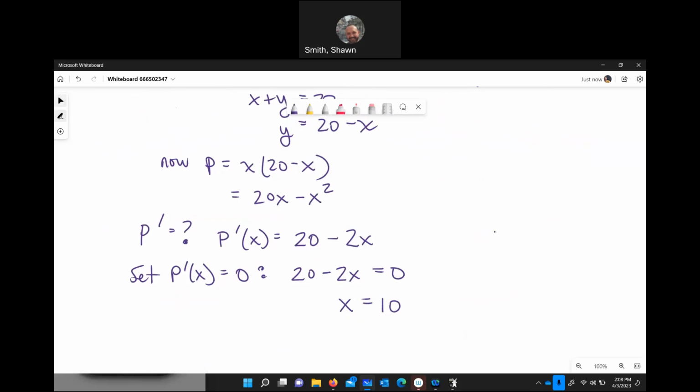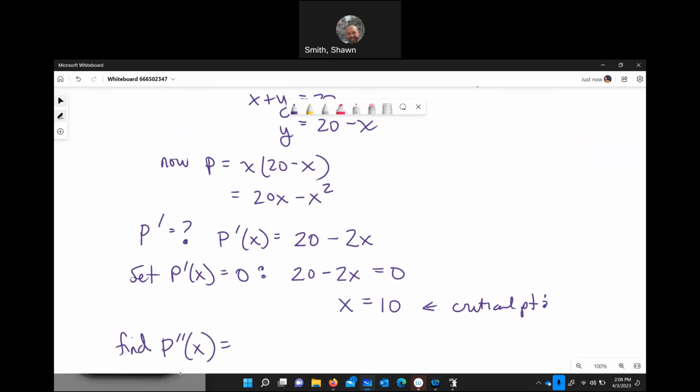All right, so that doesn't tell me if that's the minimum or the maximum, right? But I know this is a critical point. An easy way to do it is now find P double prime and use the second derivative test to see if that leads to a max or min. Right? P double prime of x, that one's easy to do.